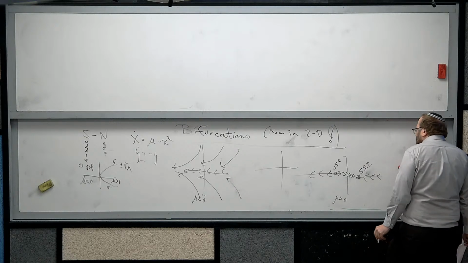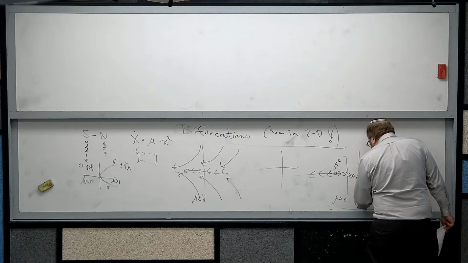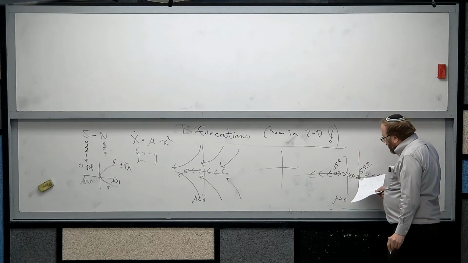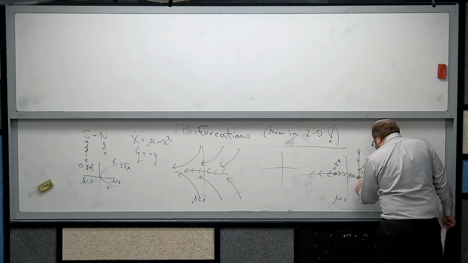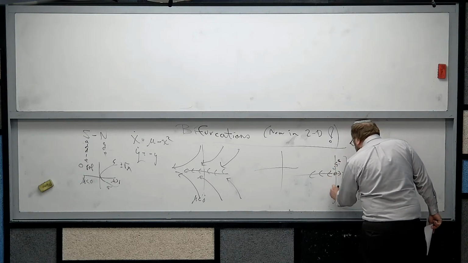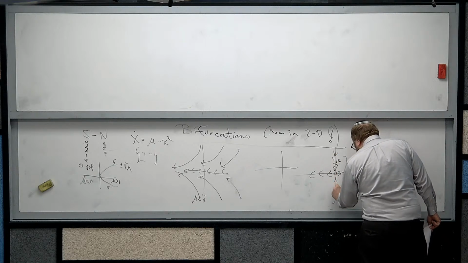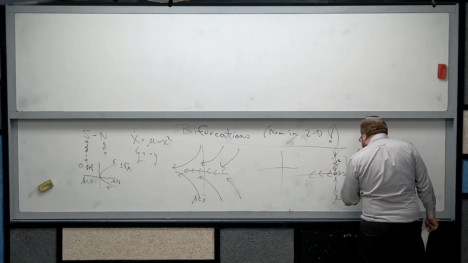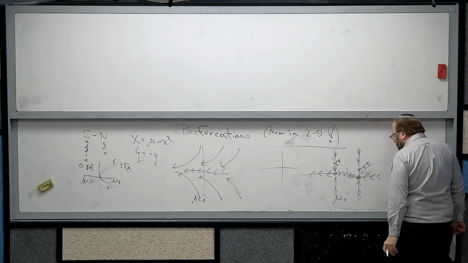And so now we have to put in the flow in y. So now, if you're here, x dot is 0, and so the flow is straight down or straight up. Here also, the flow is straight down or straight up. And what happens in between?